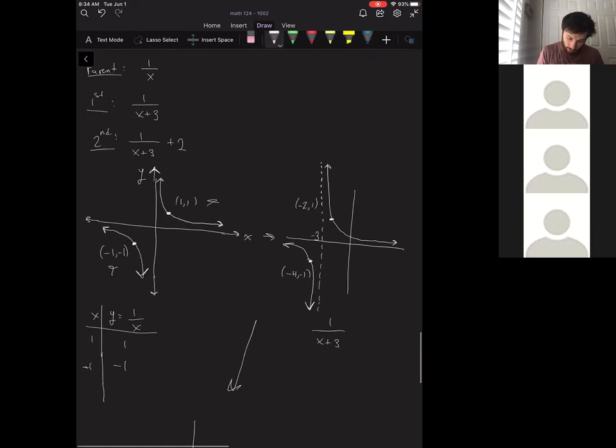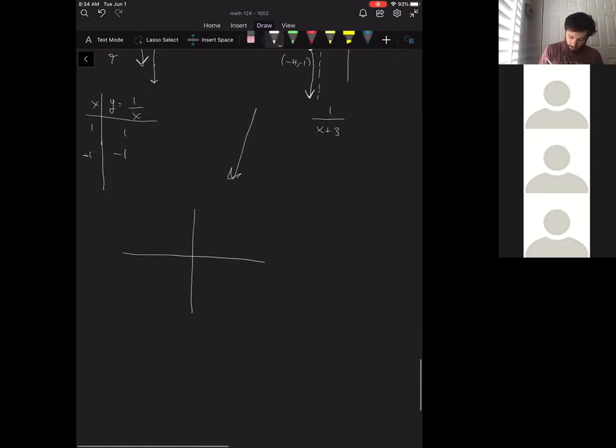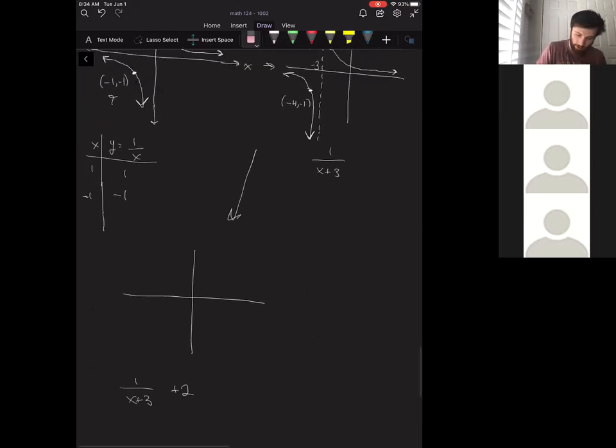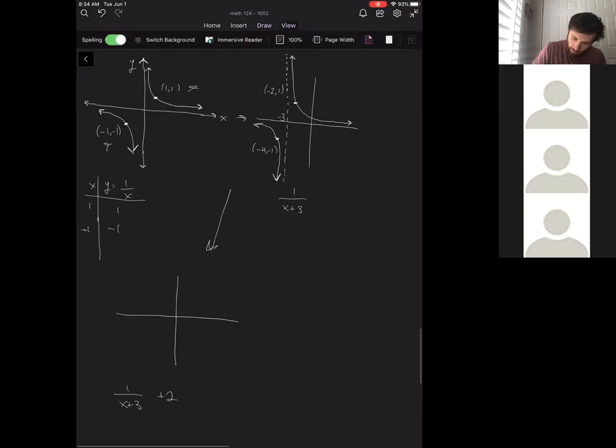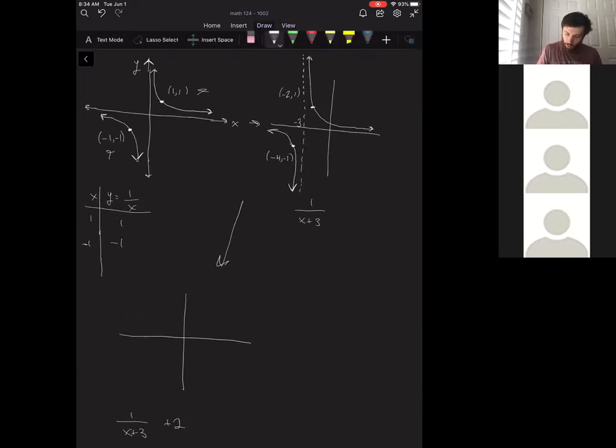We need to do 1 over x plus 3, and then we're adding 2. Now we're adding 2 on the outside of the x, which means we take our y values from the previous graph and add 2 to all of them. So here's a point, -4, -1.